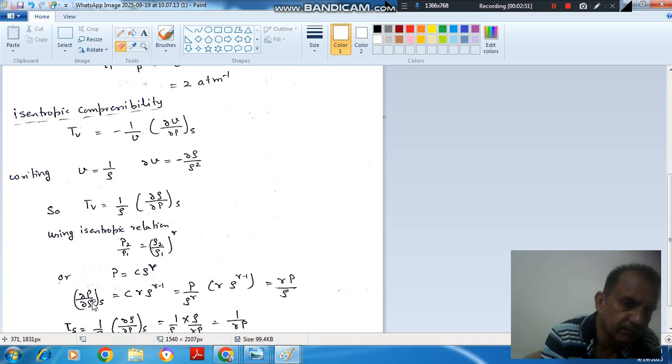Now if we differentiate it with respect to rho, keeping the entropy constant, it will be C gamma rho to the power gamma minus 1. Or C is P by rho gamma, so it will be P by rho gamma into gamma rho gamma minus 1. So it will be gamma P by rho.